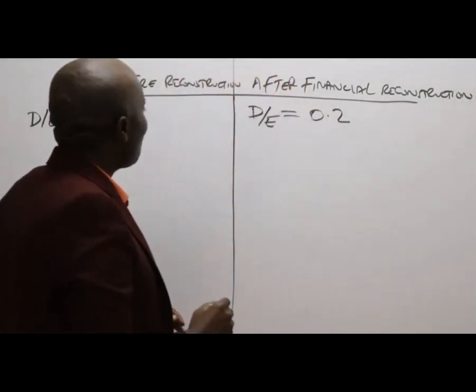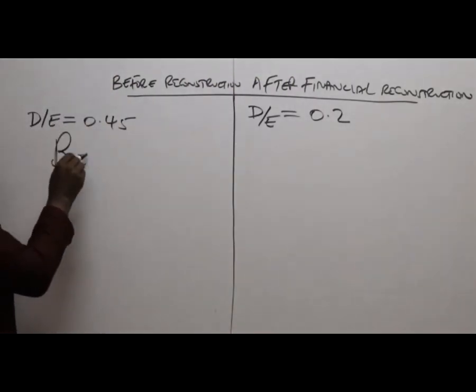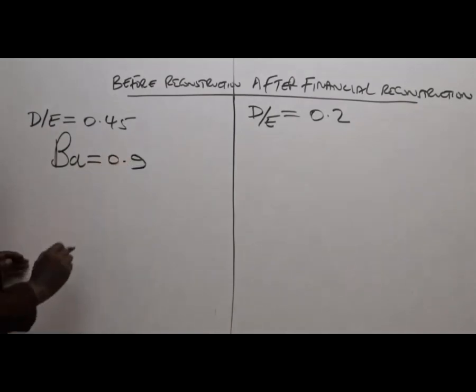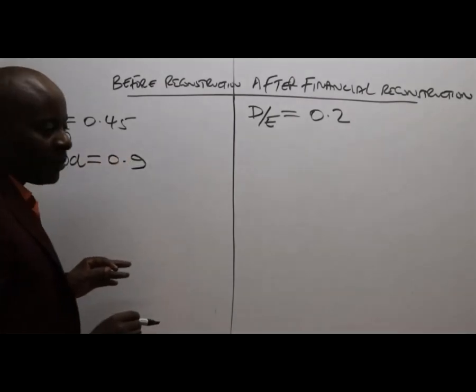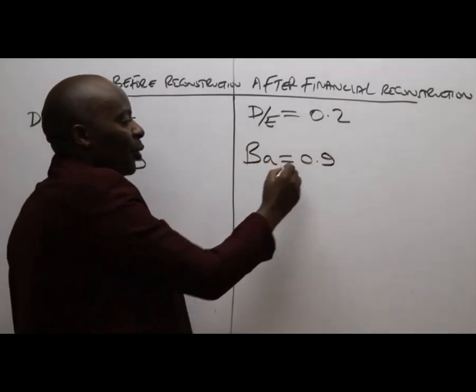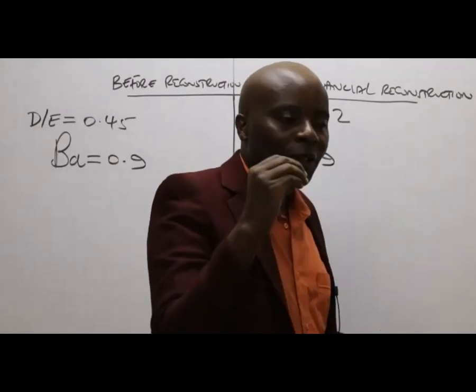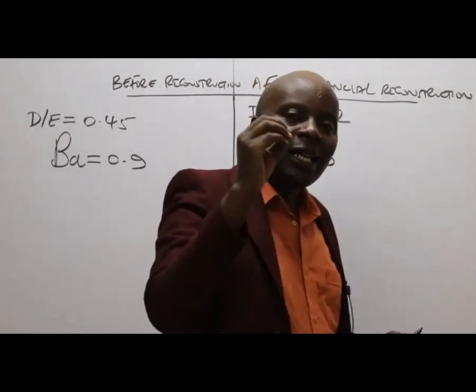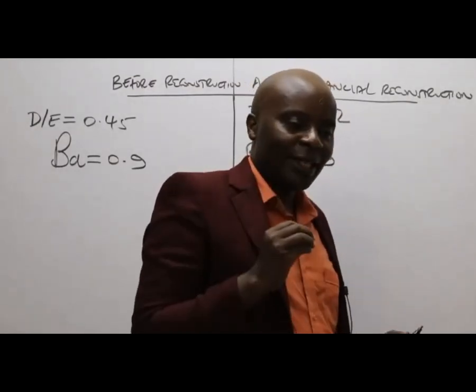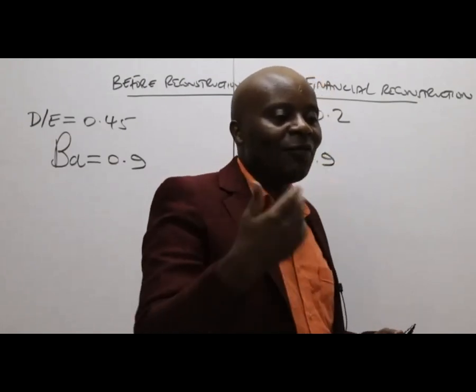And then the other thing they have told me is that beta assets will not change. Beta assets between the two will be the same, because with beta assets we are really talking of the beta of an organization that doesn't have debt. Remember that beta assets is the same as the unlevered beta.